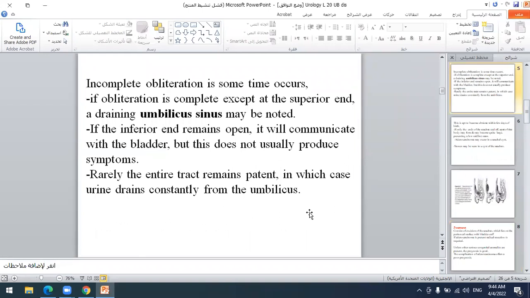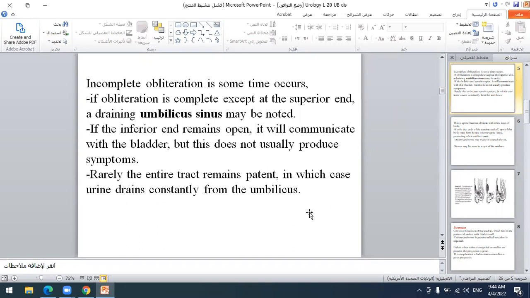Incomplete obliteration sometimes occurs. If obliteration is complete except at the superior end, a draining umbilical sinus may be noted. If the inferior end remains open, it will communicate with the bladder, but this does not usually produce symptoms.